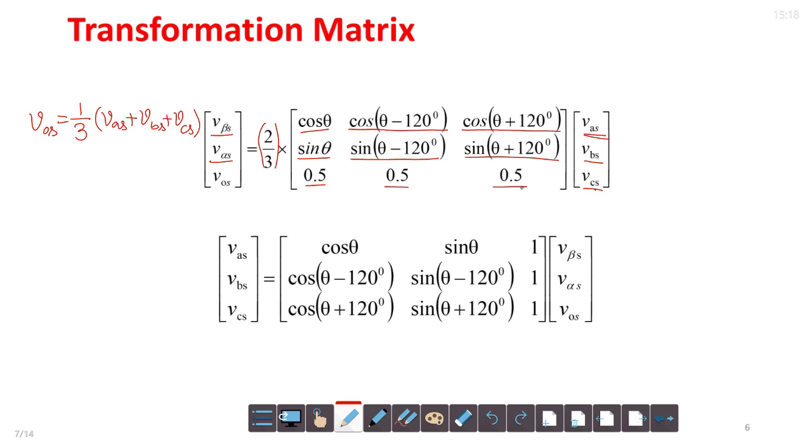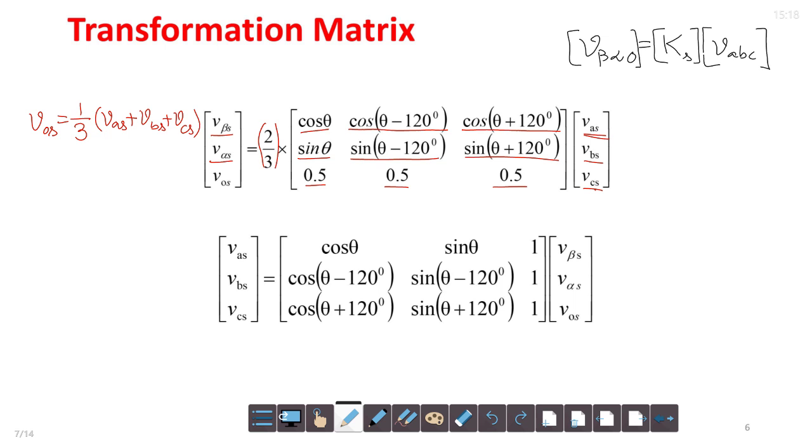This way we get the transformation, that is, the vector V beta alpha 0 is the transformation matrix KS times the VABC vector.